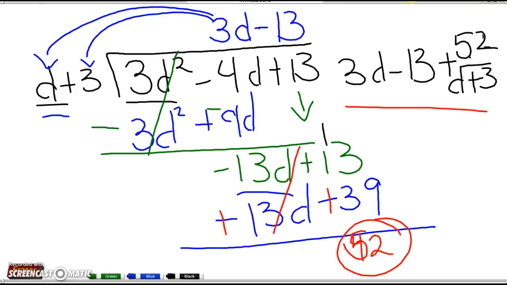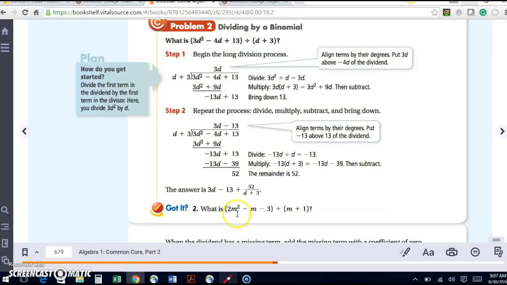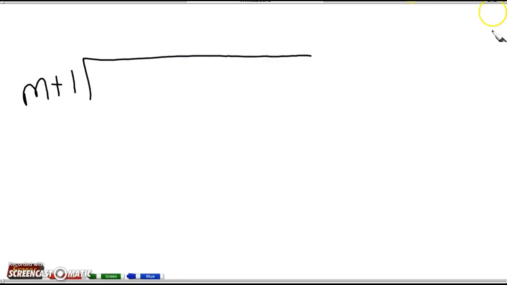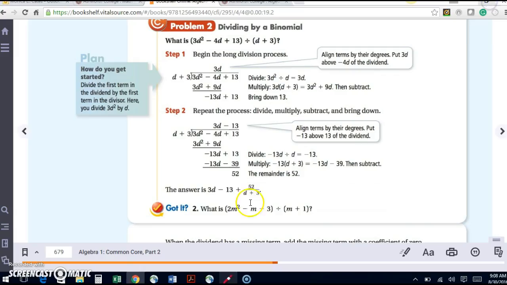So let's do another one. All right, so we have n plus 1 divided by 2m squared minus m minus 3.